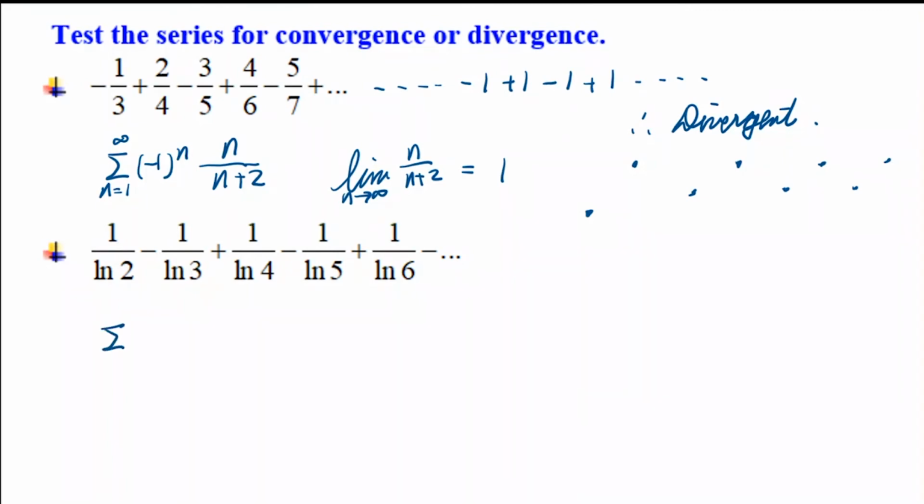We have this thingy over ln, so why don't we just do ln n, and then start from 2 to infinity? Let's check the sign. If n is equal to 2, the first term starts from positive. So that did it.